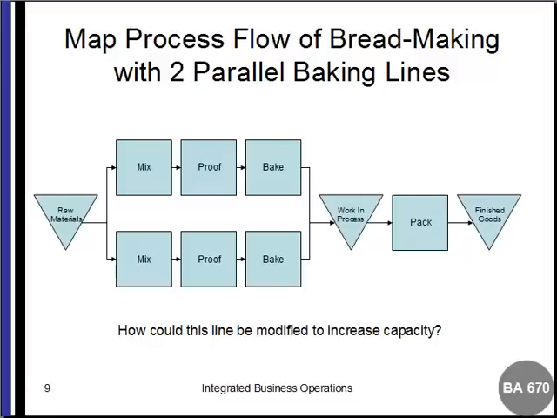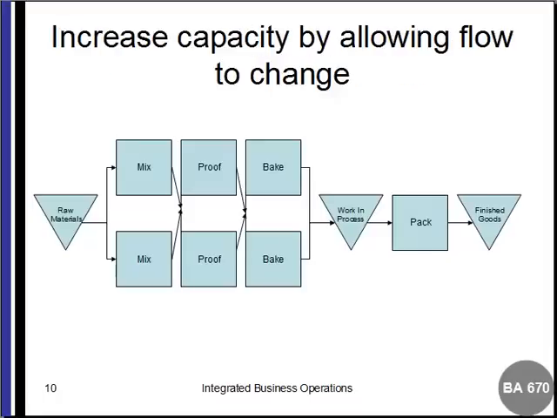And so, once you understand what the normal sequence is, then you can look at ways in which you might be able to increase the capacity. And it may include altering the flow of items so that it doesn't necessarily move in a sequence that you might normally expect.